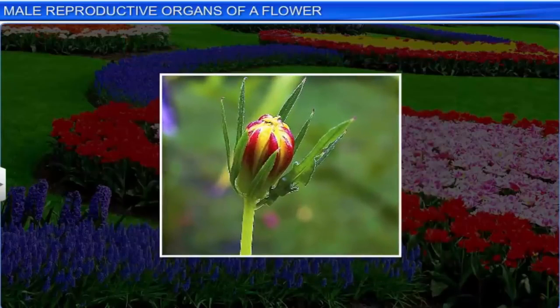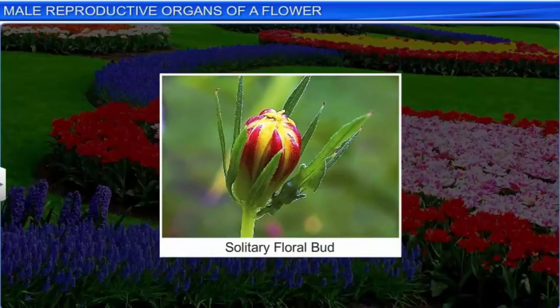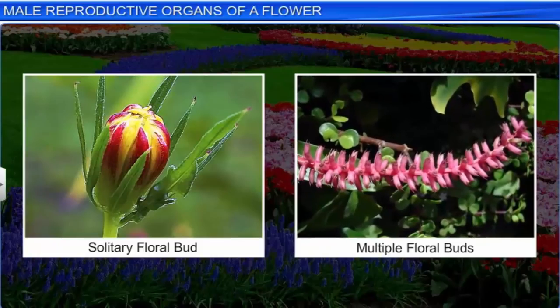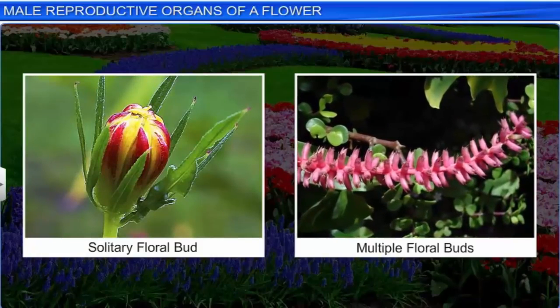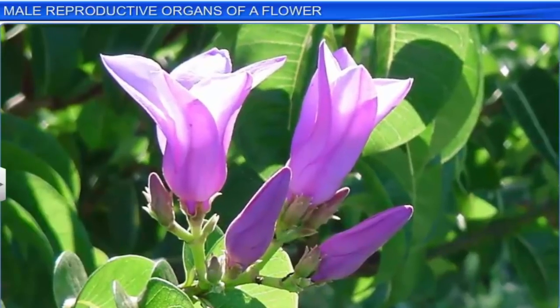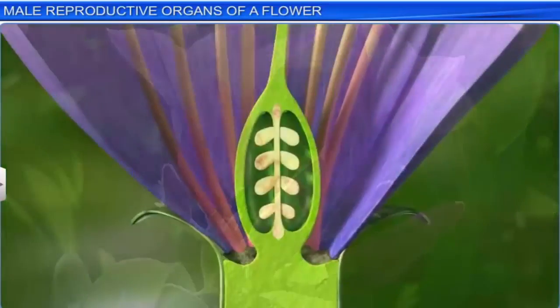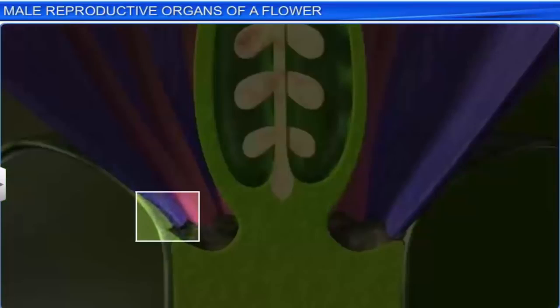This primordium either bears a solitary floral bud or inflorescences that bear multiple floral buds. The buds bloom into a flower, a modified shoot with shortened internodes and nodes.